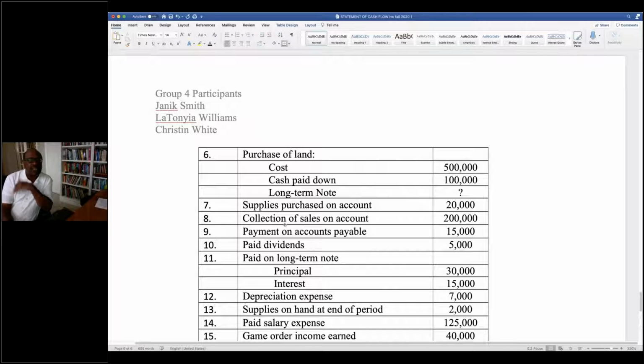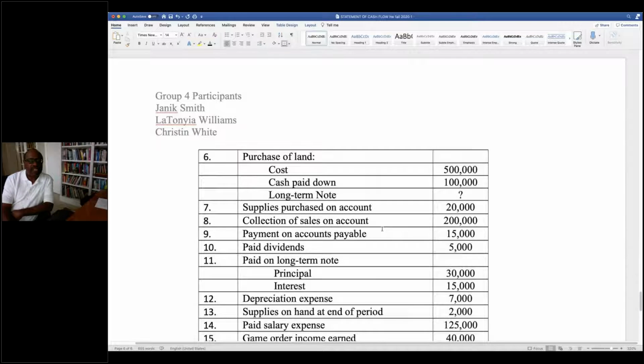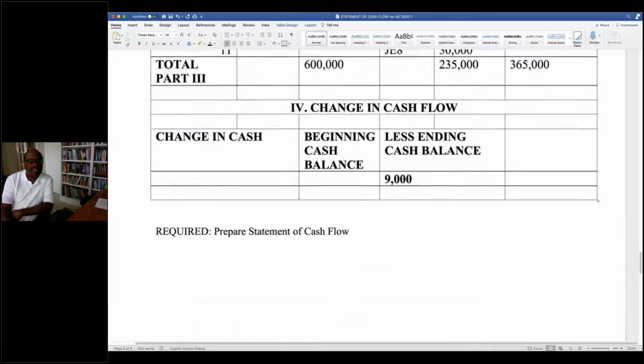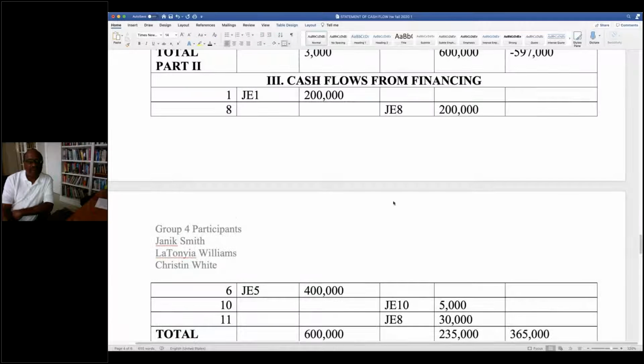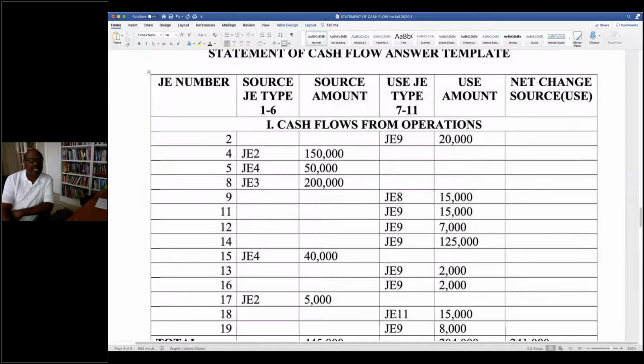Okay, let's look at this collection of sales on account. And I saw something. Journal entry 8 here.